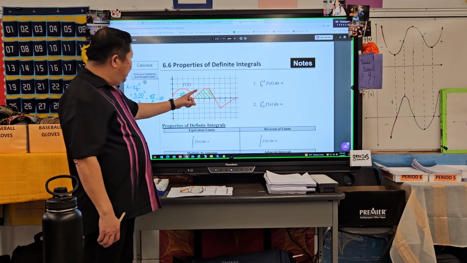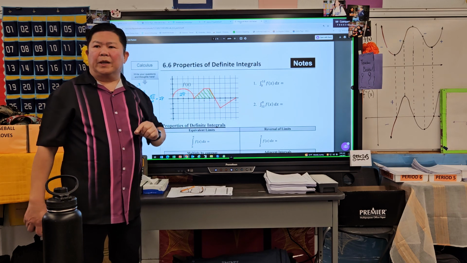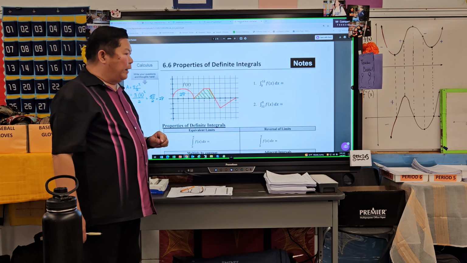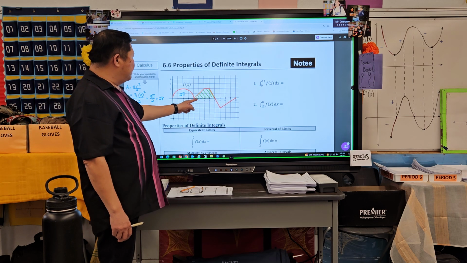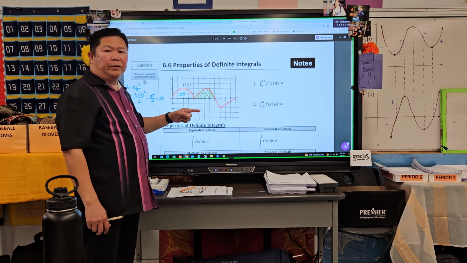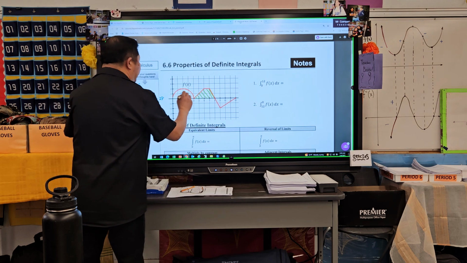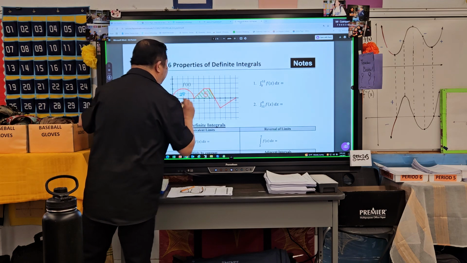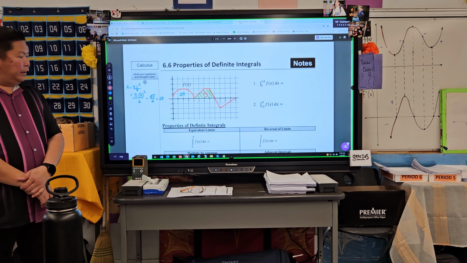And then base 2, 1. So what is 4 plus 1? 5, divided by 2, 2.5. And then times the height. How many units is the height? So therefore, the area of this is 5. Do you get me? Okay.